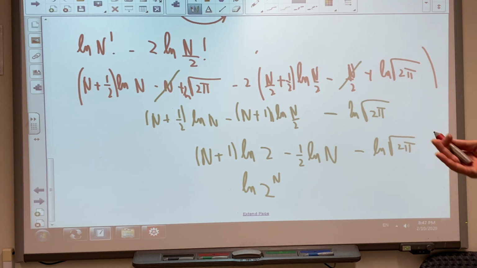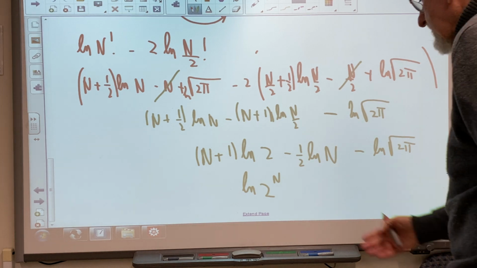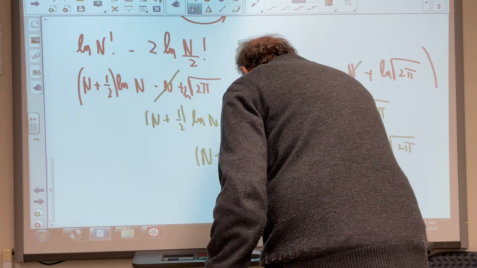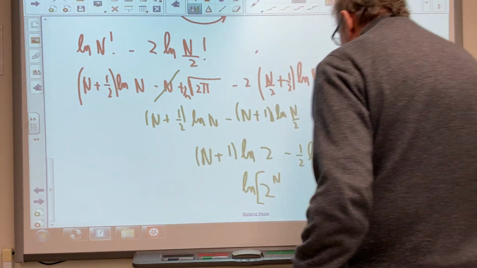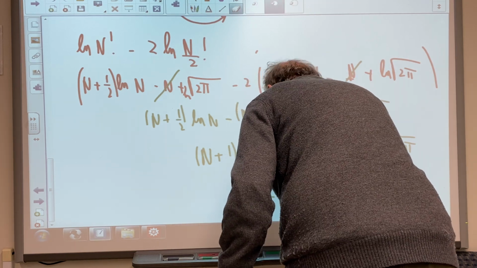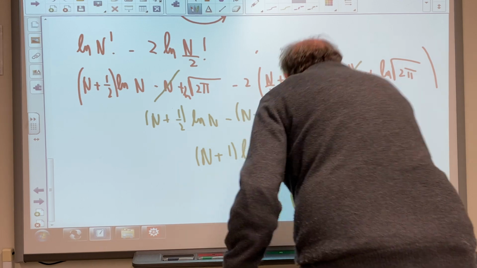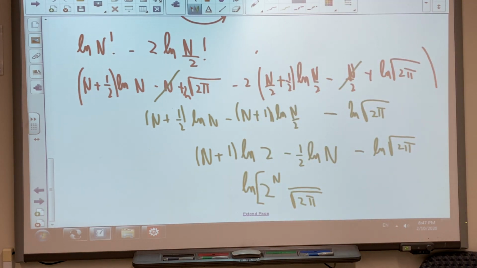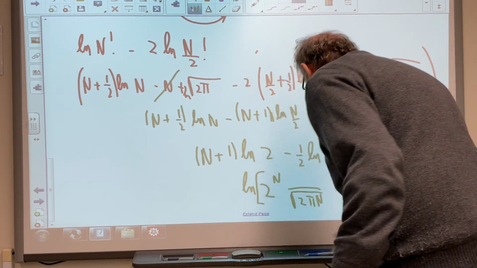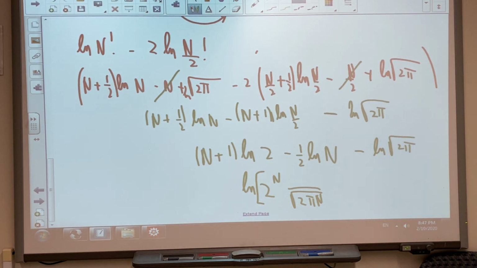I want to take lns all over because I am trying to calculate a certain quantity of which this will be the logarithm. Ln of 2 to the n, on the bottom I have square root of 2 pi. Here I have square root of n, 2 pi n. Is that correct? I can combine this as 2 pi n.